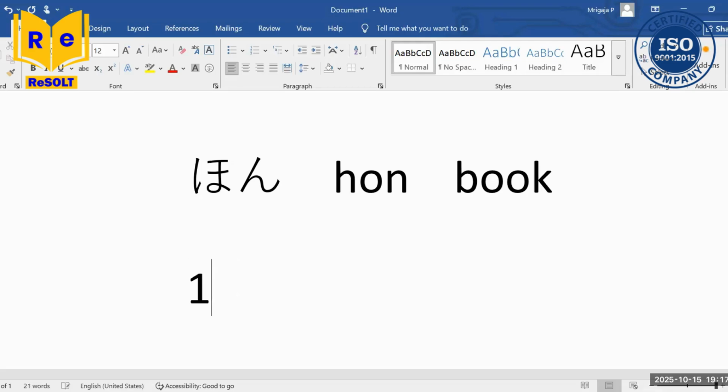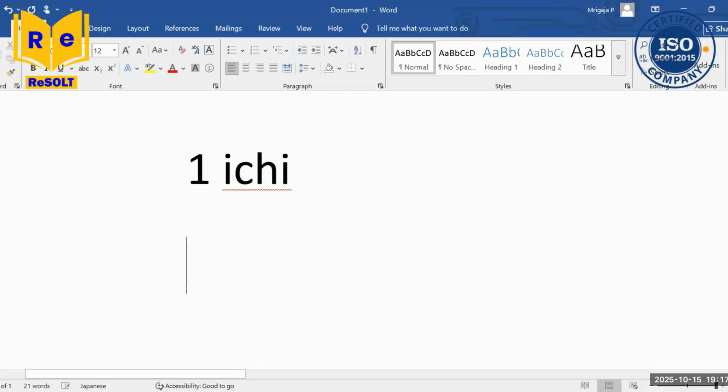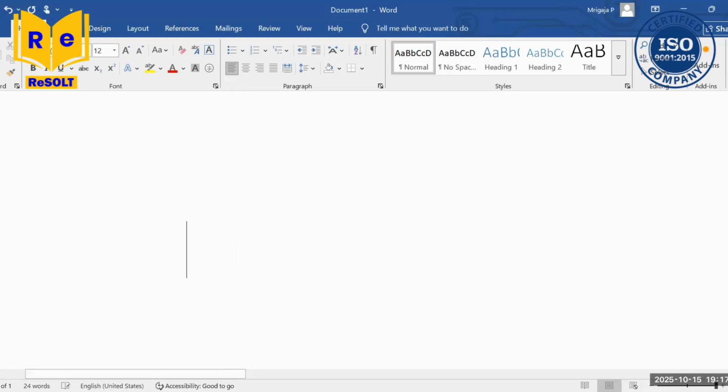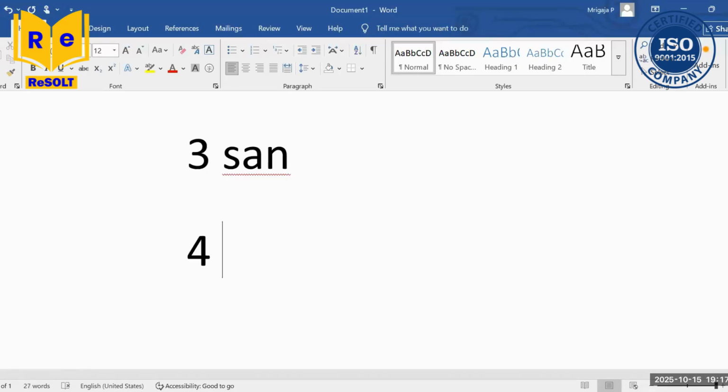So 1 is what? "Ichi." Yes, write it down. 2 is "ni." Yes. 3? Write it down now. "San." Yes. 4 now. 4 has 2 letters. I think it was like "yon."